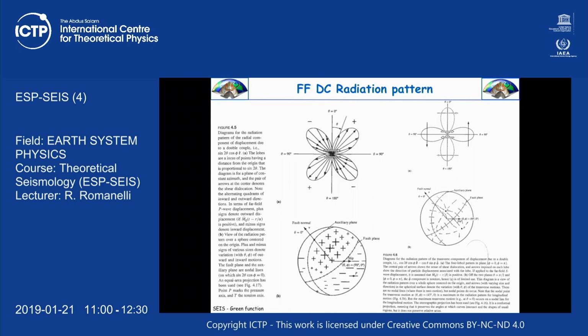And this is the part that we're going to study, the radiation in the far field for a double couple. What does it mean? Far source, far field. The source is a point, and it's a double couple. We will use the formulas that you've seen before, trying to predict the motion at a set of receivers around the world given an earthquake that again can be described as a point source and with a double couple. This is what we're going to do.